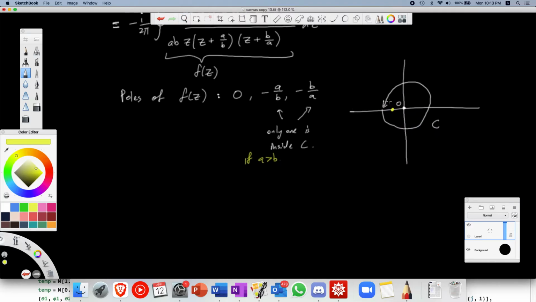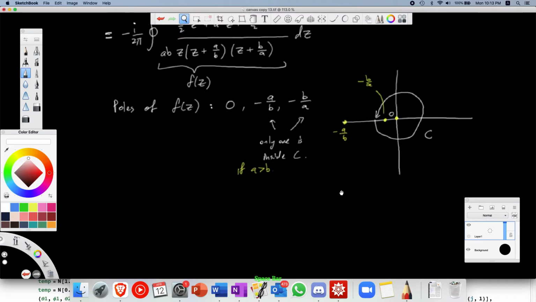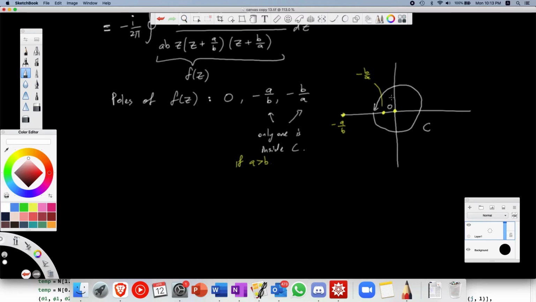This is the pole minus b over a, and this is the pole minus a over b. So we have three poles.